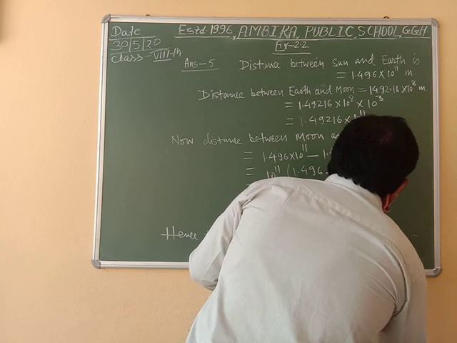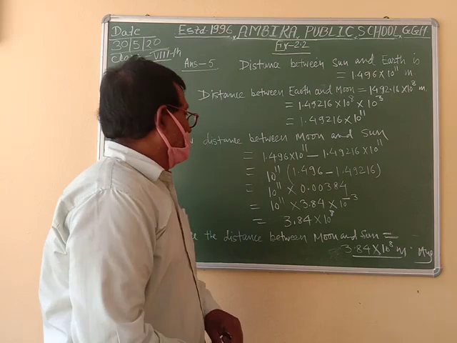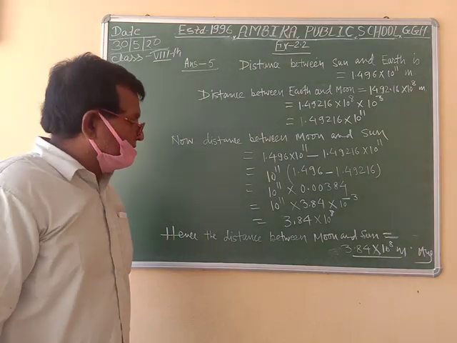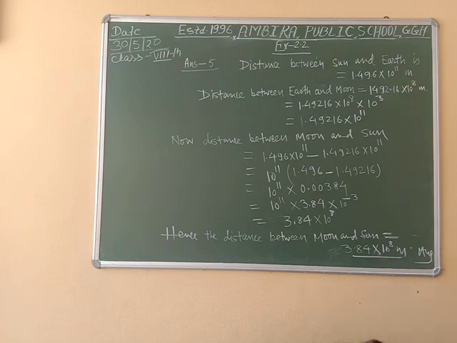Answer. Hence the distance between moon and sun is equal to 3.84 into 10 to the power 8 meter.